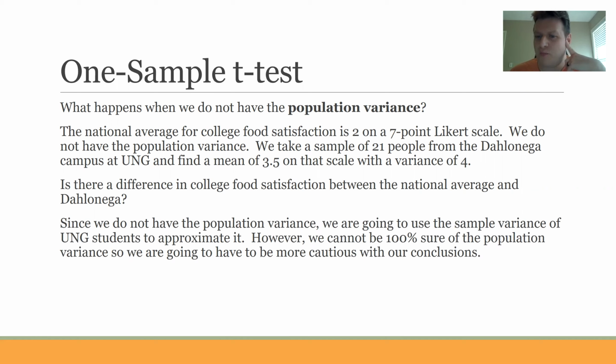However, we cannot be 100% sure of the population variance, so we need to be more cautious about our conclusions, and that cautiousness is reflected in the t-distribution. Since the tails are fatter, that means that the cutoffs for the t-distribution are going to be more strict. They're going to be harder to reject the null hypothesis than the standard normal distribution.